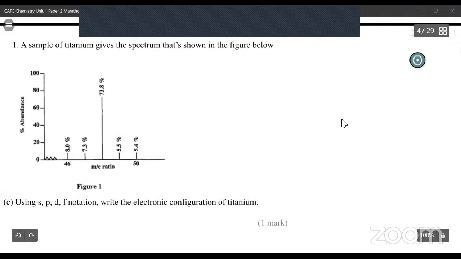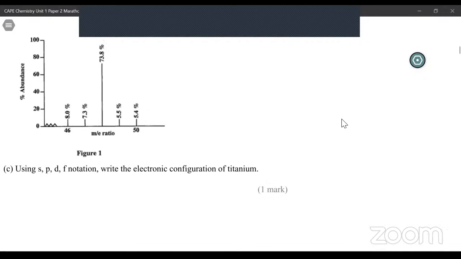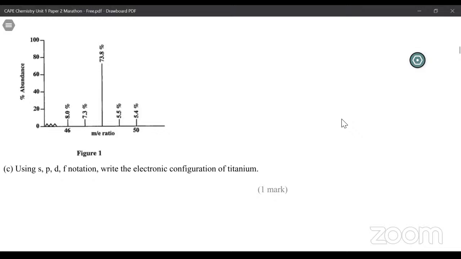Now, here they want us to use the SPDF notation to write the electronic configuration of titanium. We're not going to use F. F is a distractor because titanium is a transition element, right?